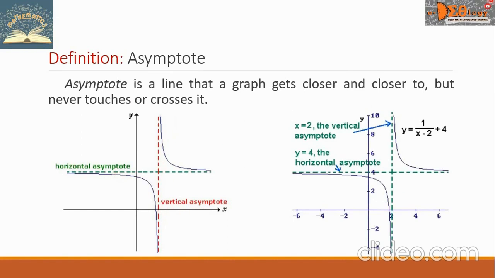For example, we have this function y equals the fraction 1 over x minus 2, plus 4, and this is the graph. Now the vertical asymptote is the equation x equals 2, while the horizontal asymptote is y equals 4.